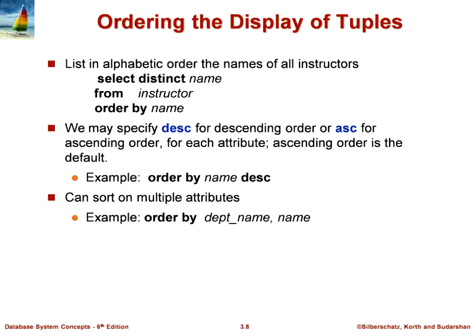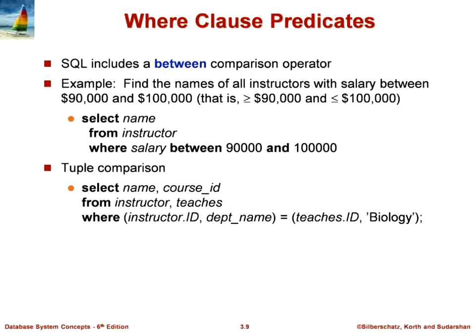Ascending is from smallest to largest, like A appearing first and Z at the end. You can do order by name descending as well, and you can sort on multiple attributes, like order by department name and name, so it will be sorted on both.